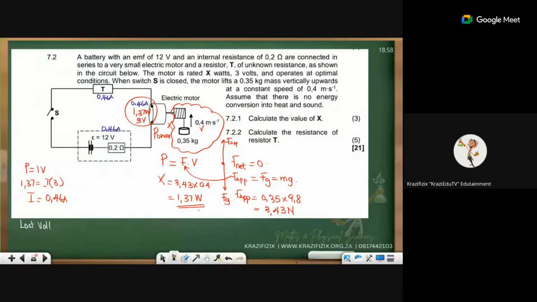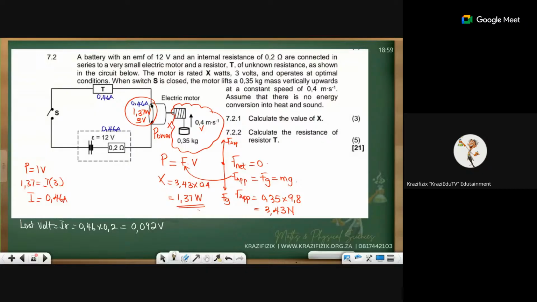Lost volt is I multiplied by R. What is my I? 0.46. Okay. And I want to do this also to explain some concept of circuits. What will this give you? 0.92. Now, guys, don't round up here because I'm in the middle of the calculation. 0.092 volts, right?